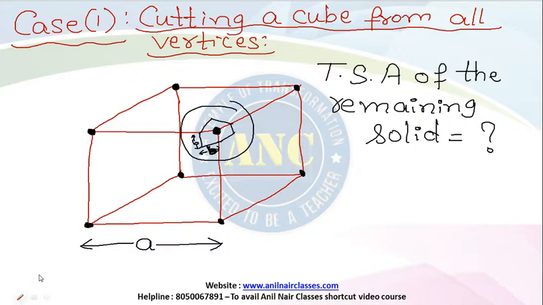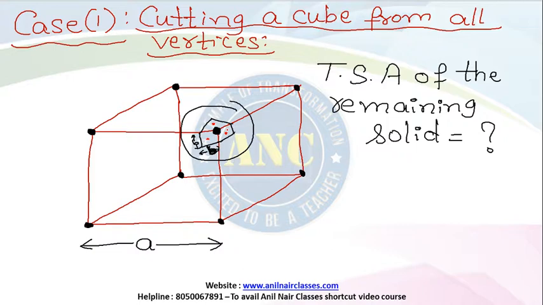Let me mark them also for your better understanding. That means this upper portion, this left portion and this portion I will lose, because I am cutting the small cube from the original cube.